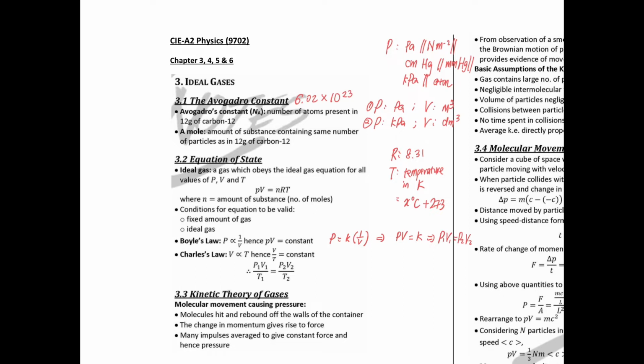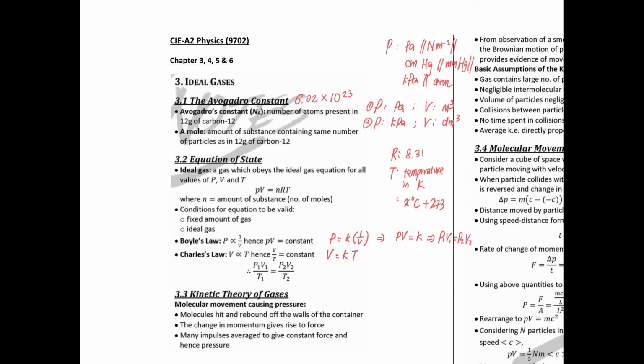Charles' law. Charles' law, we have V proportional to T. So that means volume is directly proportional to the temperature in Kelvin. Imagine that the higher the temperature, you heat up the gas, then the gas expands, right? So it has a greater volume. Again, when you have proportional, then you can create the constant of proportionality, which is k.